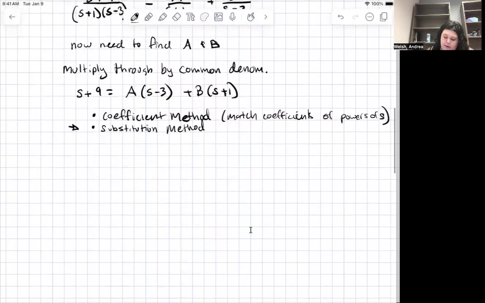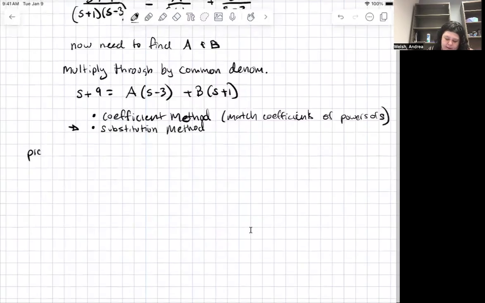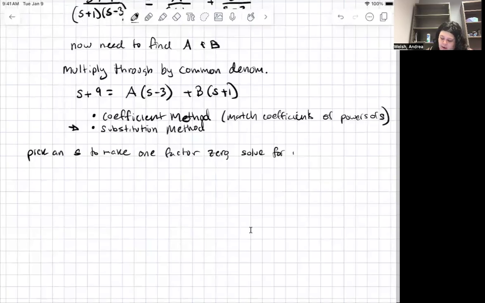So what we do is we pick an s to make one factor 0 and solve for the remaining coefficient.